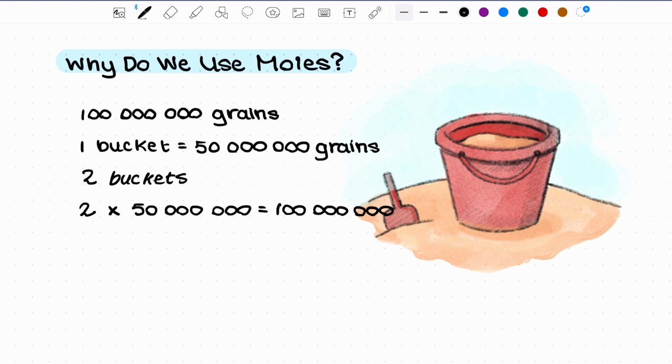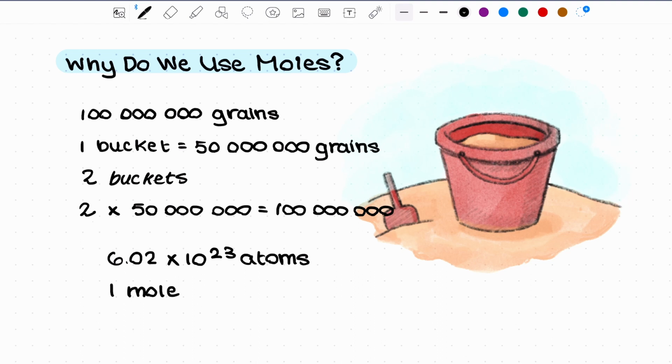So in chemistry, the same thing applies. If someone asks, how much of that do you have? You might not say, oh, well, I have 6.02 times 10 to the 23 atoms of this compound or element. You might just say, oh, I have a mole of that.